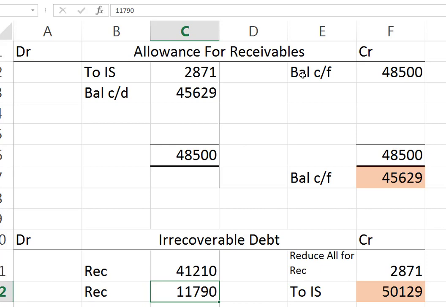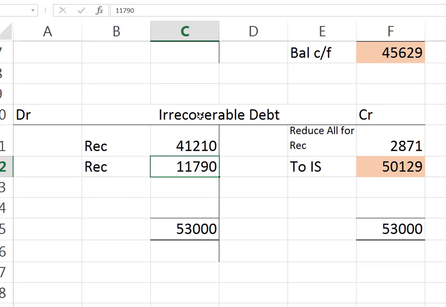But we've got our allowance for receivables account, which is a reduction of an asset, and we've got our irrecoverable debt account, which is an expense of doing business. Okay, so you'll always have a certain number of people who won't pay you, and you need to take that into account. You need to allow for that as a business expense.